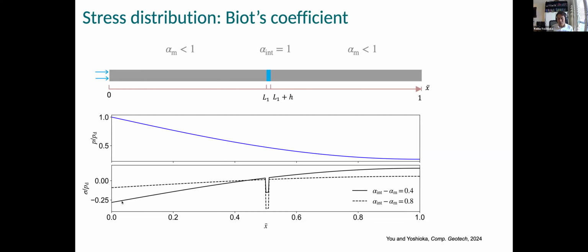But interestingly, if we increase the difference in Biot coefficient, in this case the difference is 0.8, okay? You can think of this as a stiffer rock. Then this weak interface in this case carries more pressure effect, more tensile loading.